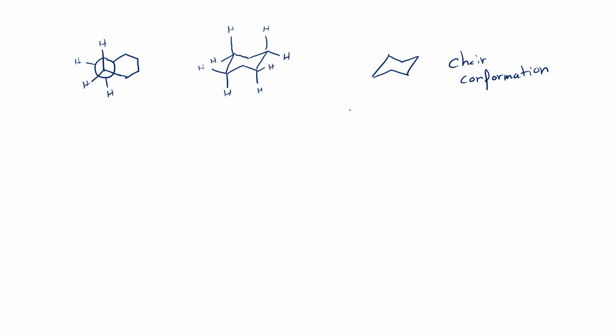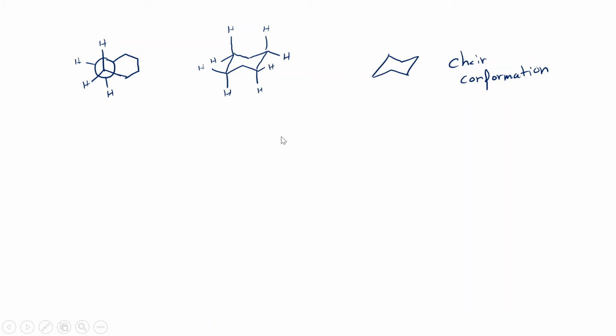What this chair conformation does is you have all these gauche interactions. We saw over here that these two carbon-carbon bonds are gauche to each other. When we draw the chair conformation, those are gauche to each other. These are gauche to each other, and so on and so forth.